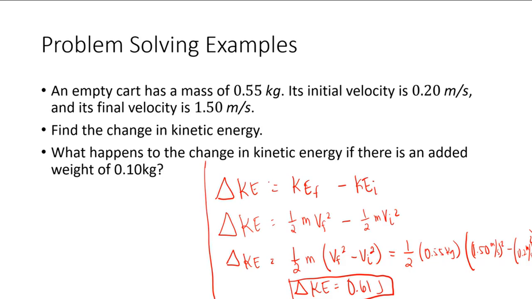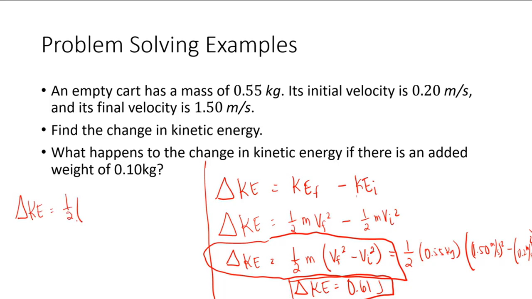What happens to the change in kinetic energy if there is an added weight of 0.10 kilograms? So we're just going to follow this equation. Okay? So the change in kinetic energy is equal to 1/2 times the mass. So there is an added weight of 0.10 kilograms. You just have to add it to the 0.55 kilograms of the empty cart.